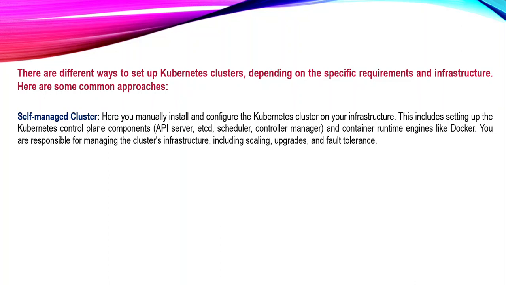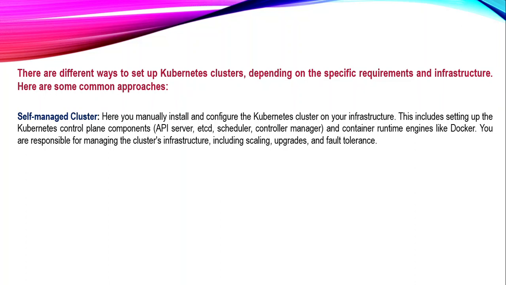In this self-managed cluster, you manually install and configure the Kubernetes cluster on your infrastructure. This setup requires you to set up your Kubernetes control plane components, which are the API server, etcd, the scheduler, and the controller manager, and you also set up the container runtime on your own.